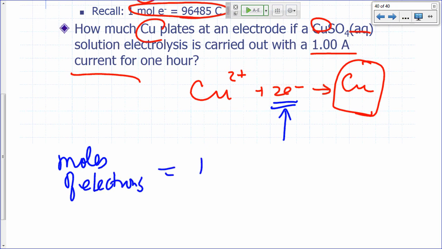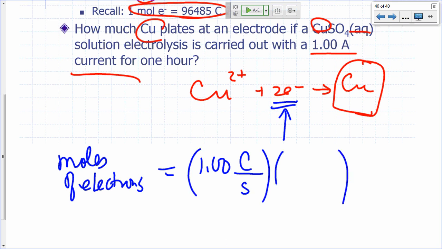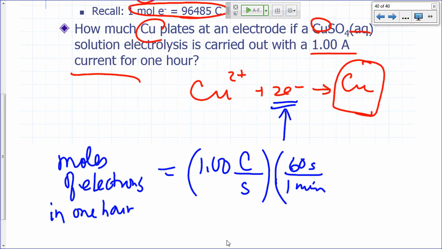would be equal to 1.00 amp, which is a coulomb per second, for 1 hour. So 1 coulomb every second times 60 seconds in 1 minute times 60 minutes in an hour.